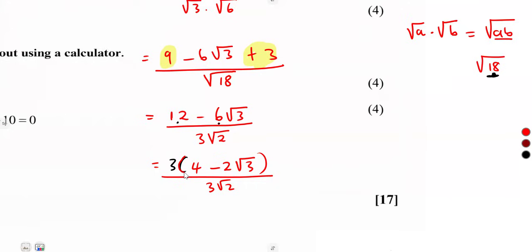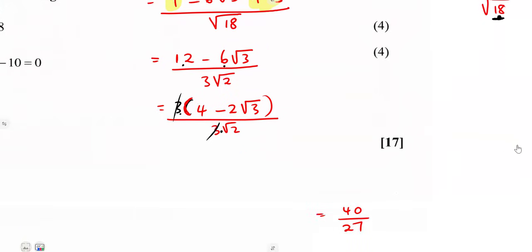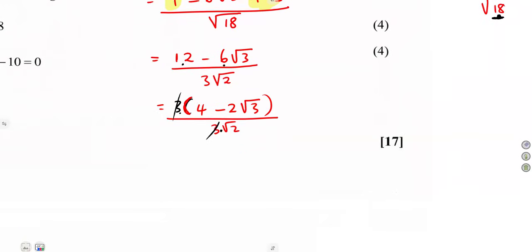So this is what you're going to have. And the 3 that is outside of the bracket can cancel this one as it is under a product. So 3 and 3 can cancel. So it means you are now left with a simpler surd.